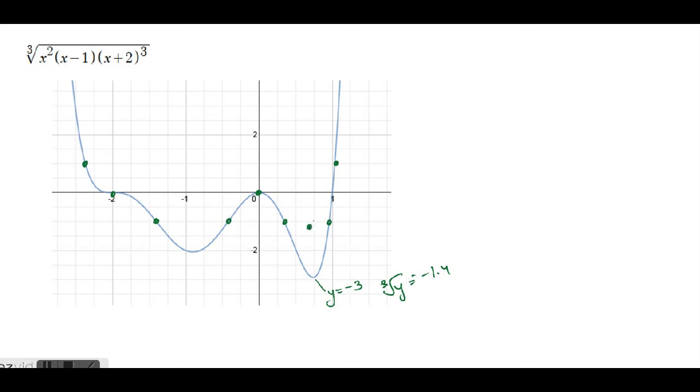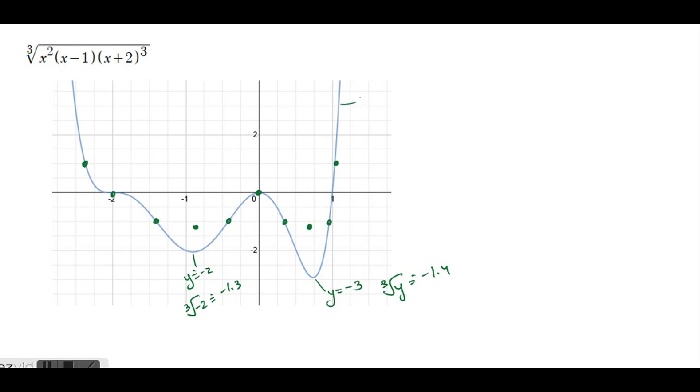Okay, let's do this one right here, turning point at y equals -2. The cube root of -2 would be roughly -1.3. So -1.3 is slightly lower here. And let's do this number here, 3.